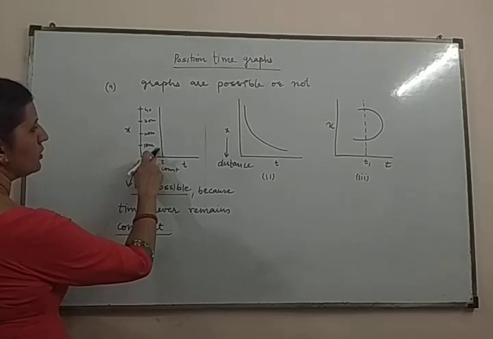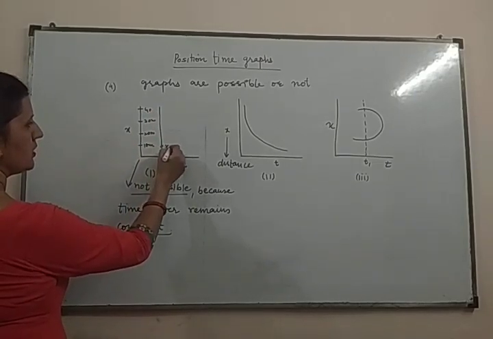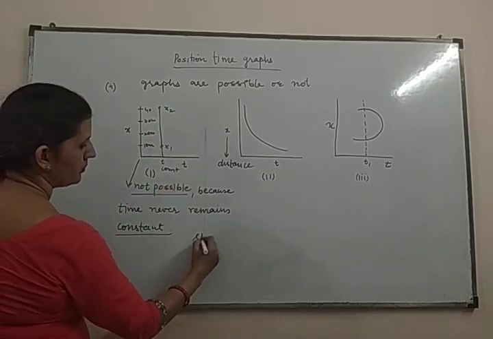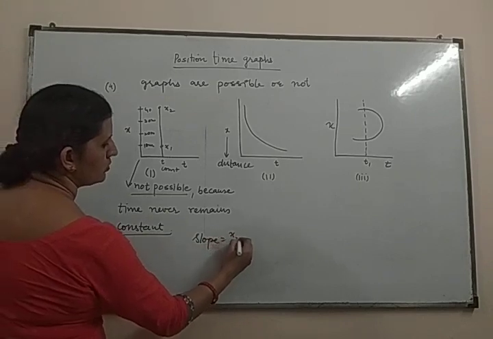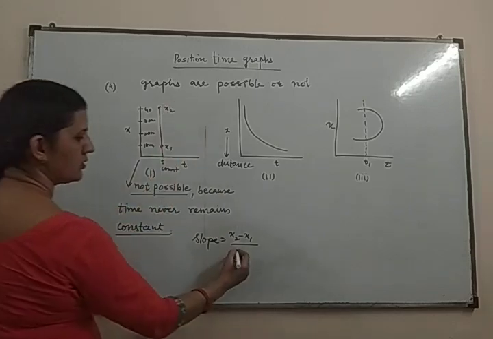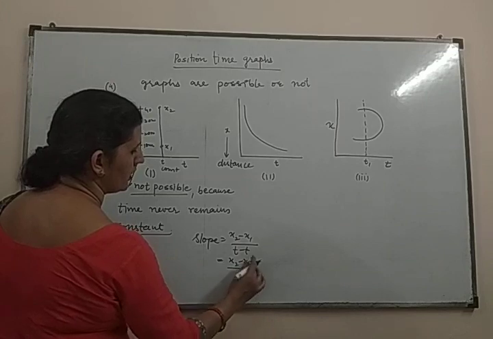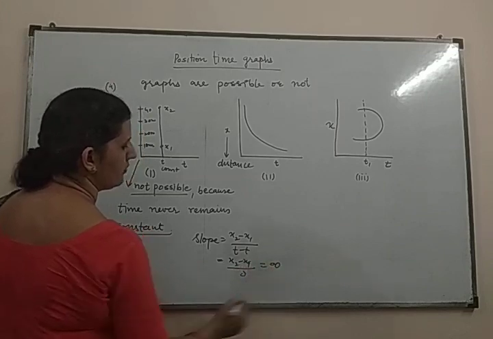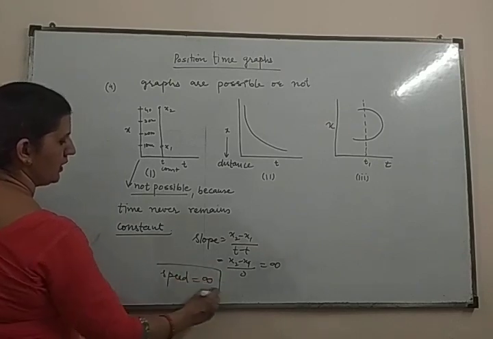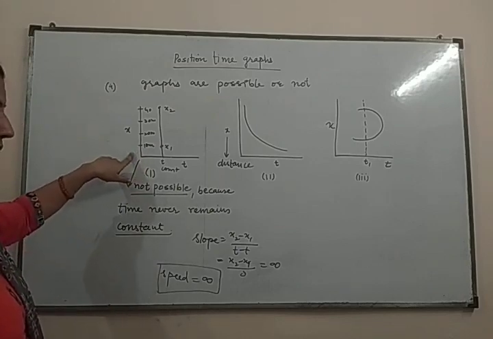Second thing, if you calculate the slope for this, suppose this is the initial position x1 and this is the final position x2. So the slope is x2 minus x1, and here the time is t, here the time is also t, t minus t. This is x2 minus x1 divided by 0, and this is infinity. It means the speed of the object is infinity, and this is again not possible. So the first graph is not possible.